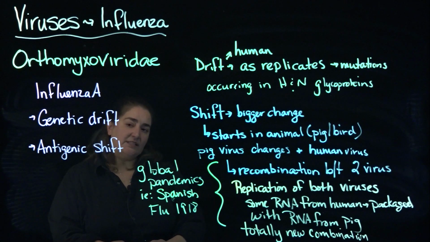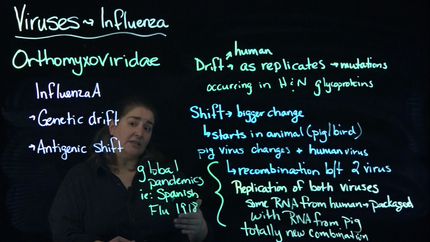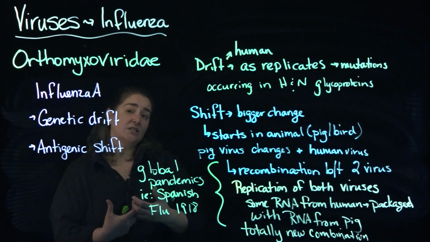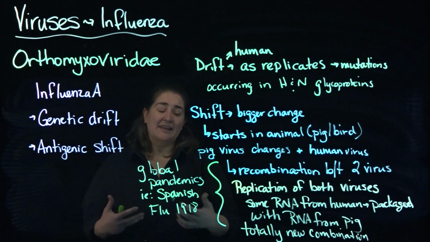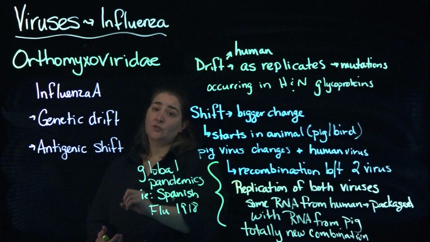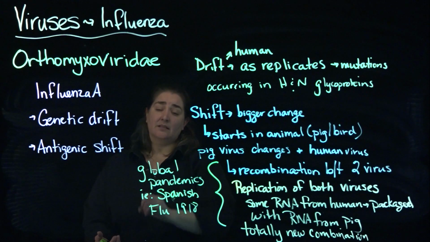But that was an example of antigenic shift happening. You had a new strain of virus that came out because that recombination in the animal now allows that new combination to jump from the pig to the human and makes us sick.